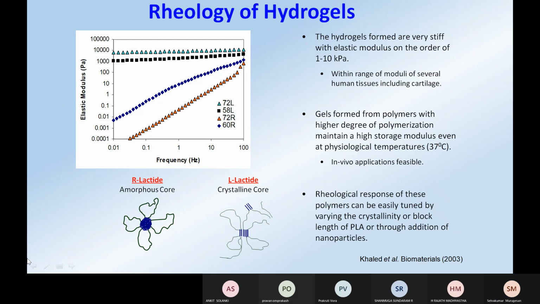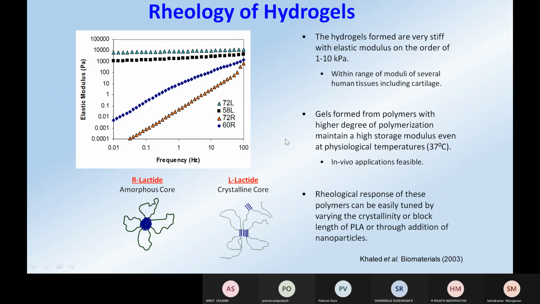Okay. So here you can see we have two different biopolymers, R-lactate and L-lactate, which have different entanglement, amorphous core and crystalline. In one of the papers, Khalid et al., Biomacromolecules 2003, they prepared these hydrogels with the help of two different polymers which have different molecular weights as well.